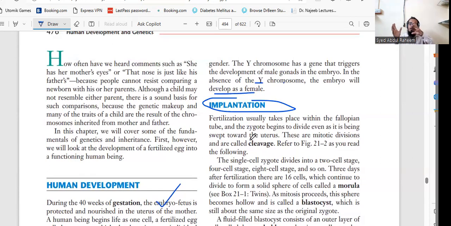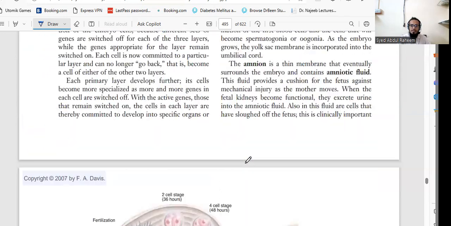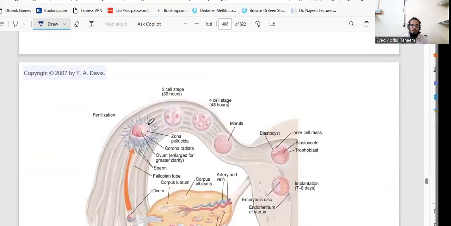So basically, it will go forward from the fallopian tube as the zygote. These are mitotic divisions called cleavage. Here you can see that.